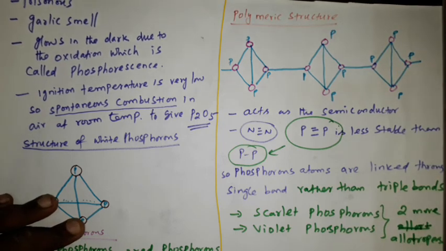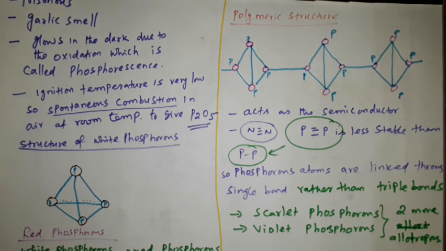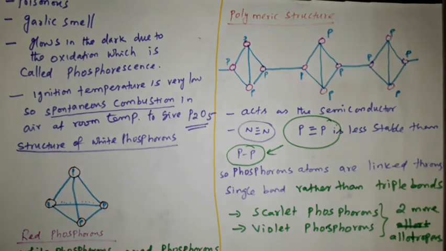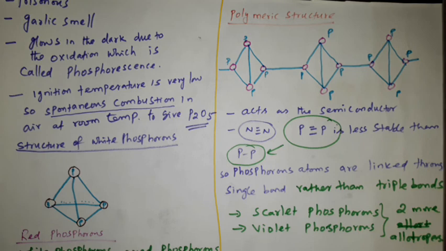Actually, white, red and black are the most common allotropes. Scarlet and violet phosphorus are also allotropes, but they are not very common. Okay, so that's all about the allotropes of phosphorus. Hope you understood today's lesson. So we will meet in the next video. Thank you very much.